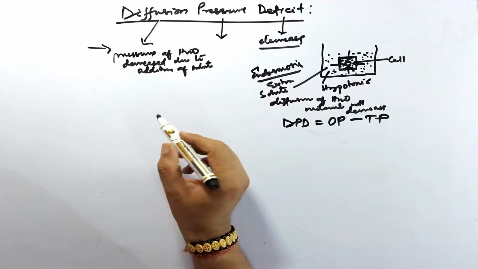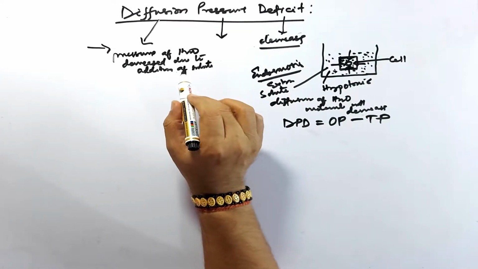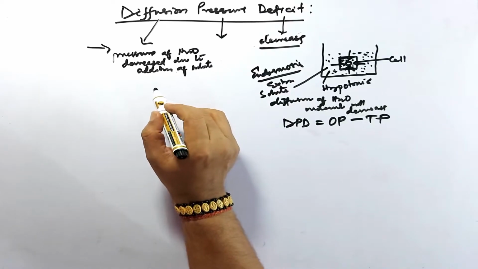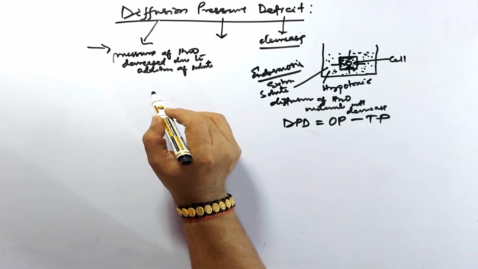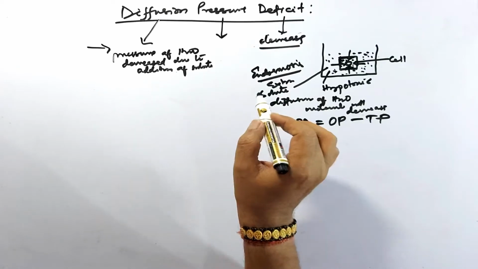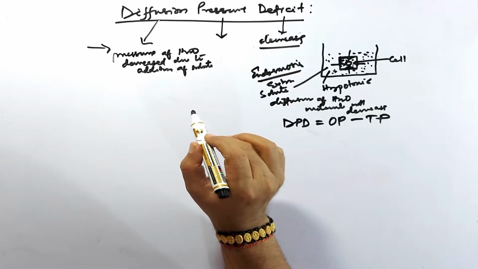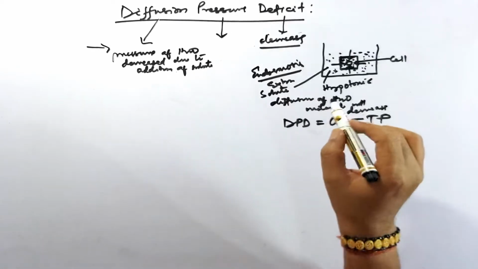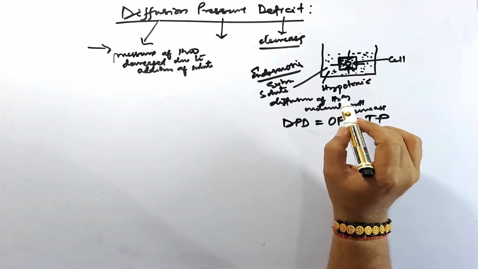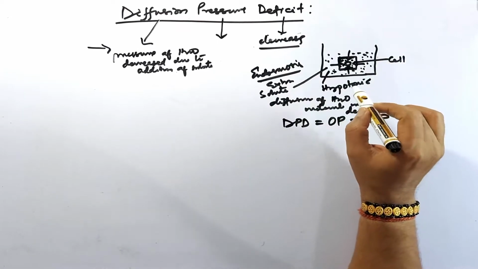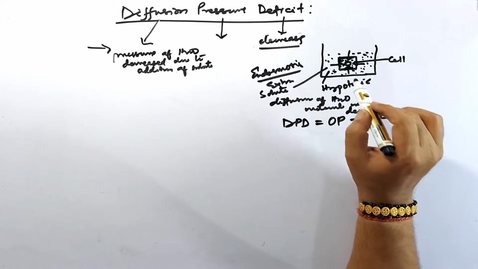This diffusion pressure decreases because of the addition of solute, so we can compare how the entry of water is mainly affected.